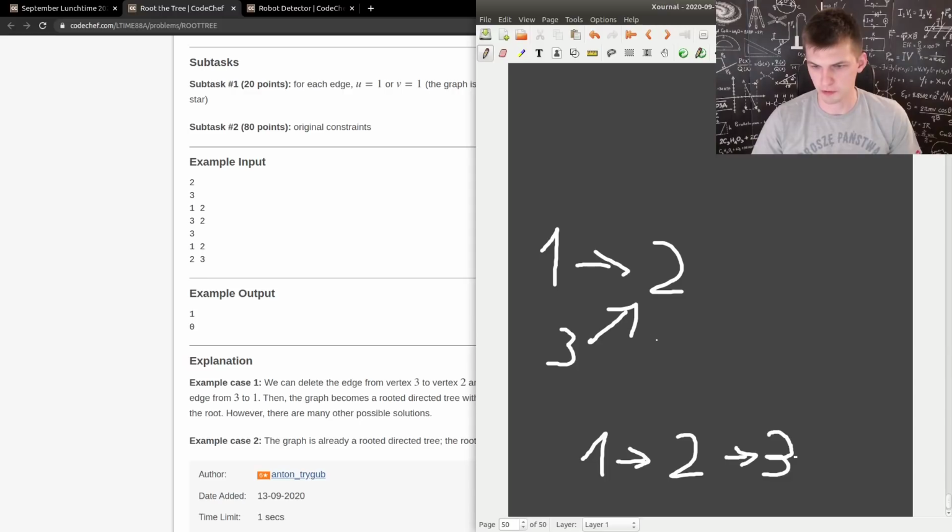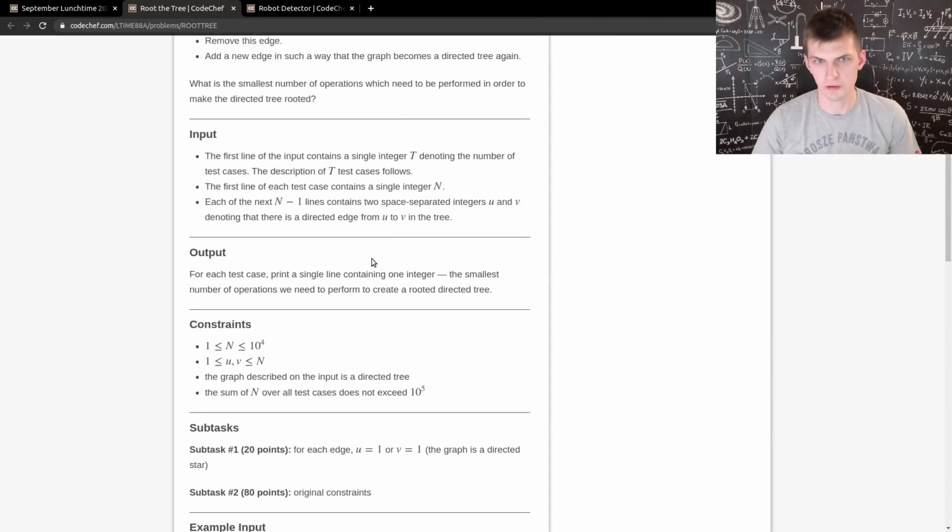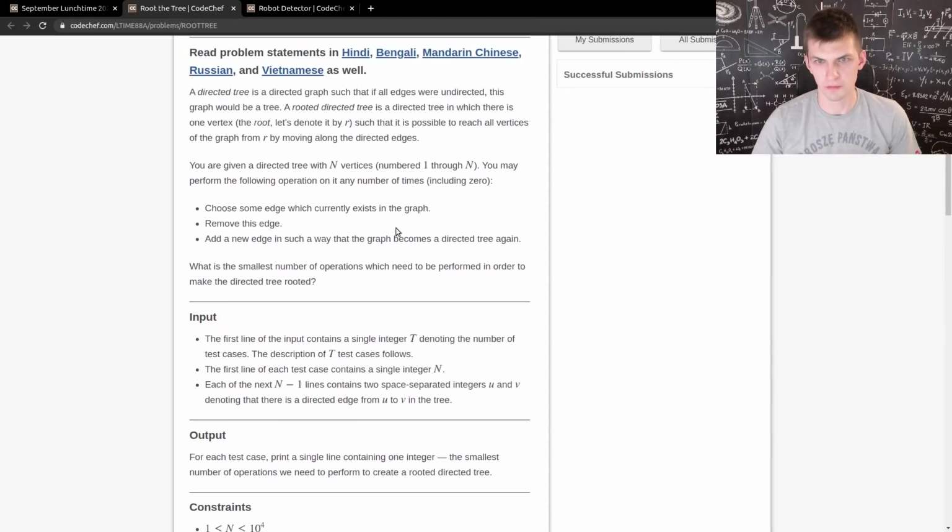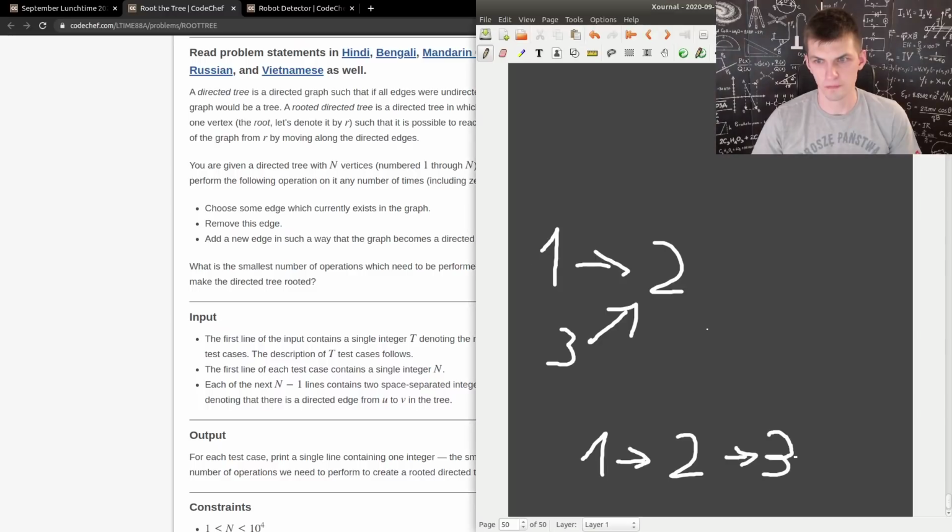From 3 to 1. Let's think. There is never a cycle. Is this condition enough?